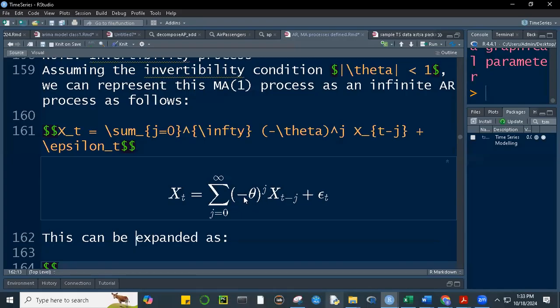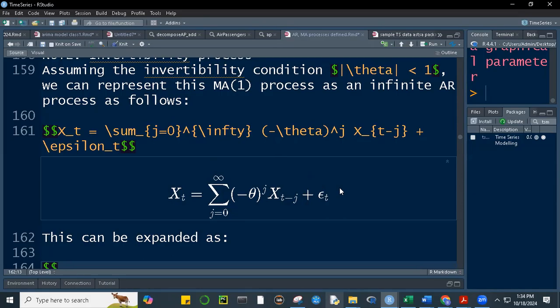However, theta is multiplied with your AR process, yung past values of itself. So hindi siya yung epsilon. And take note, the limits are from j is equal to 0 up to infinity. Okay, infinite AR process. So a finite MA process can be converted into an infinite AR process.